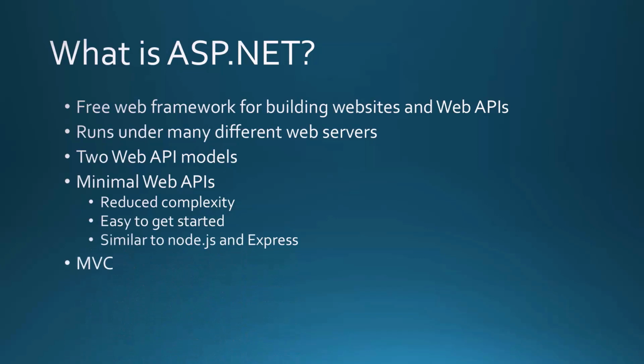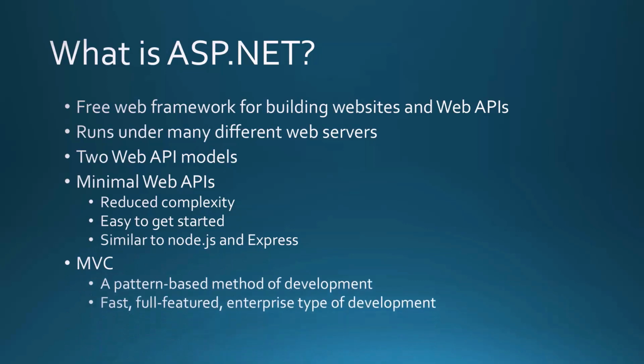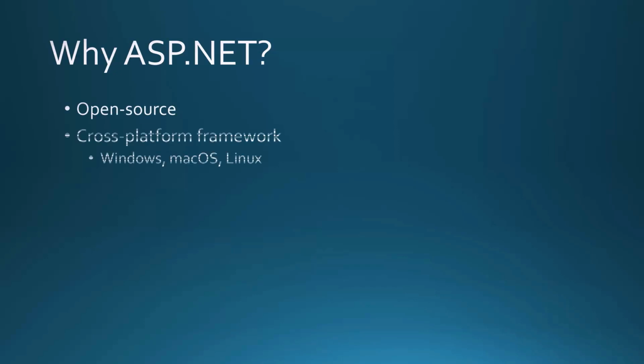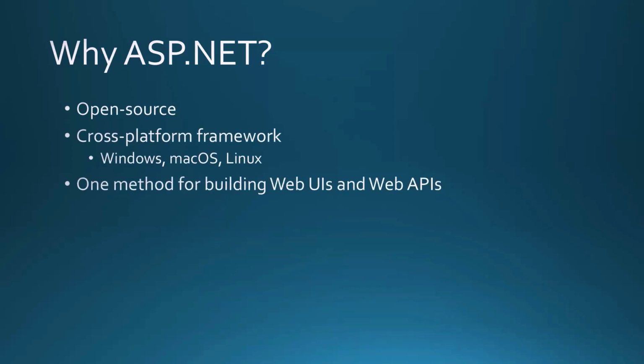We can also use the MVC model, which is a pattern-based method of development, and it's very fast, full-featured, enterprise type of development. So why should we use ASP.NET? Well, it's open source, which is great, so there's a lot of people helping to maintain it. It's cross-platform, so you can run it on almost any web server. It is one method for building web UIs and web APIs, which is nice because if you want to build a website then, we use ASP.NET as well.